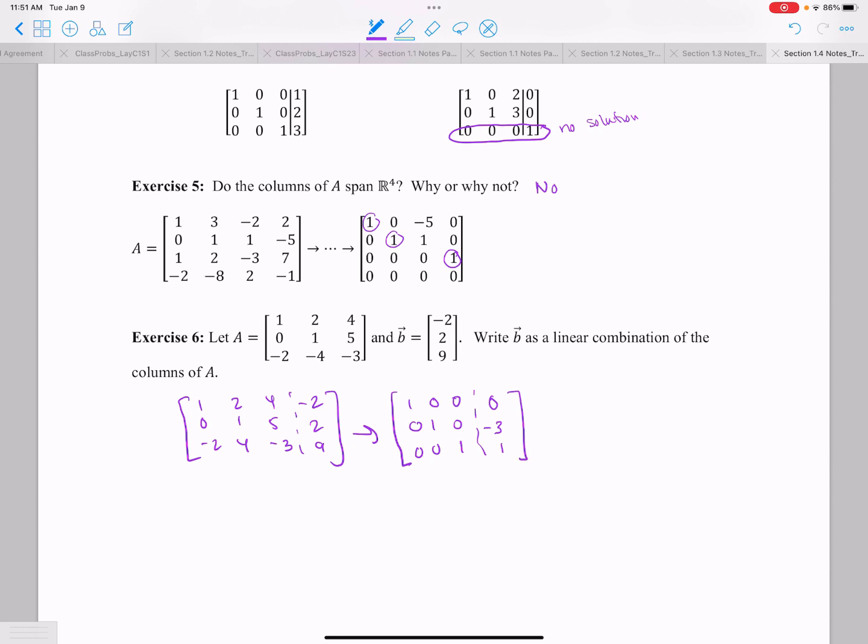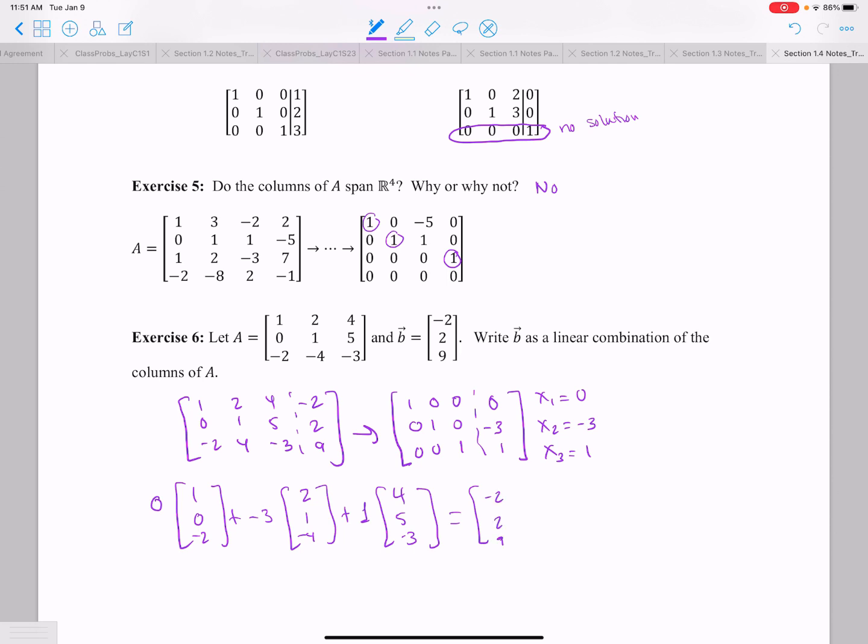That tells me that x3 equals 1, x2 equals negative 3, and x1 equals 0. Those are my weights. So 0 times the first column plus negative 3 times the second column plus 1 times my third column will equal this negative 2, 2, 9.